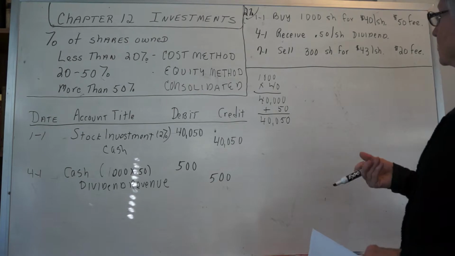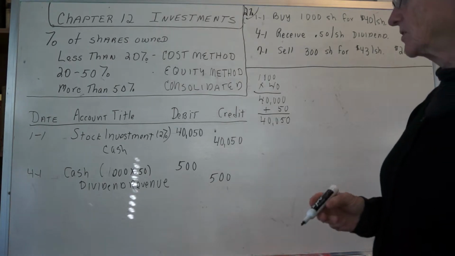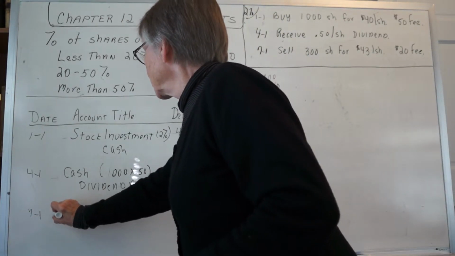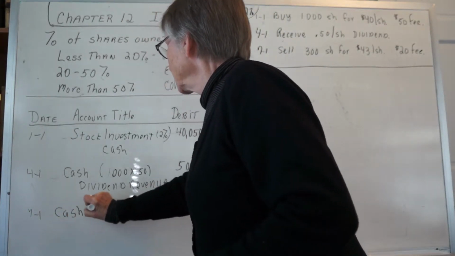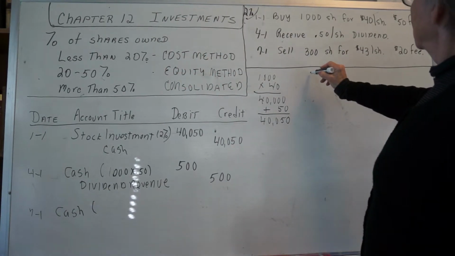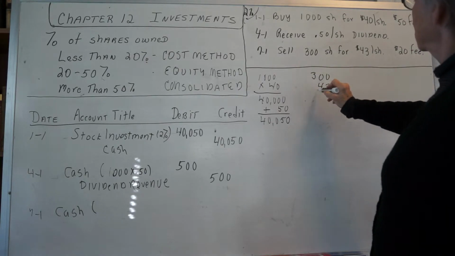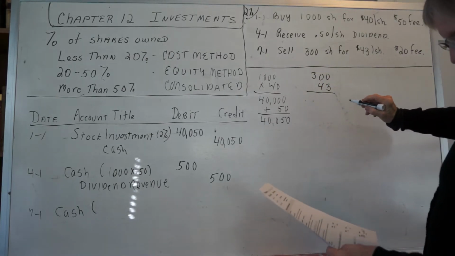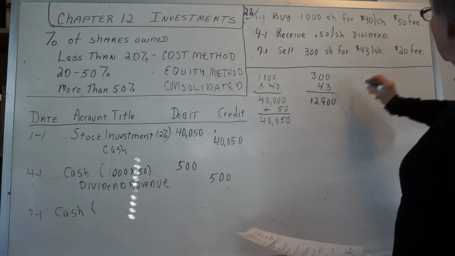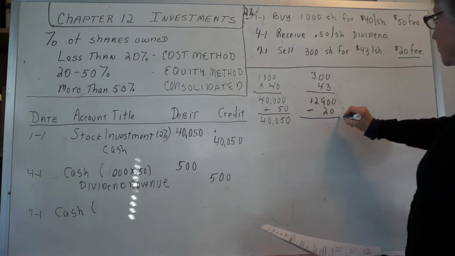Okay, now on 7-1, we're going to sell 300 of the shares for $43 a share. So on 7-1, we know that we're going to get cash because we're selling them. And how much cash do we get? Well, we'll figure that over here. We're selling 300 shares times $43 a share, which would be $12,900, but we have to pay the fee, and that is deducted from our proceeds.